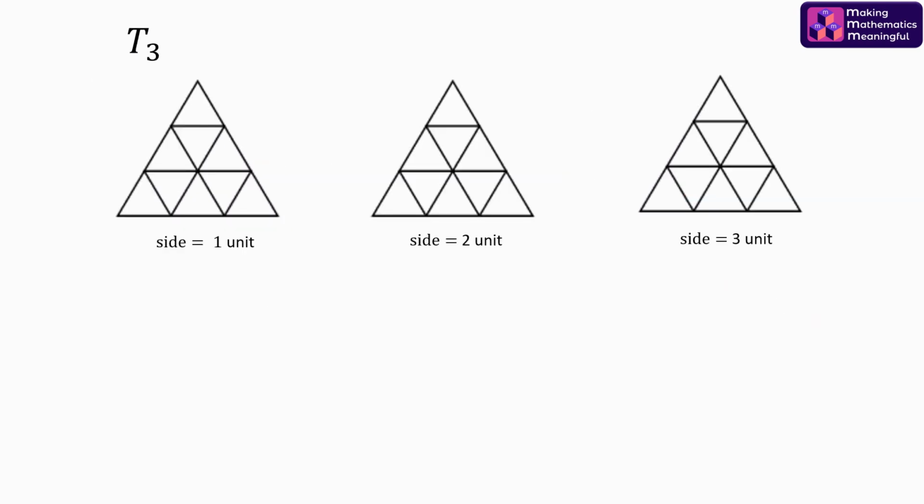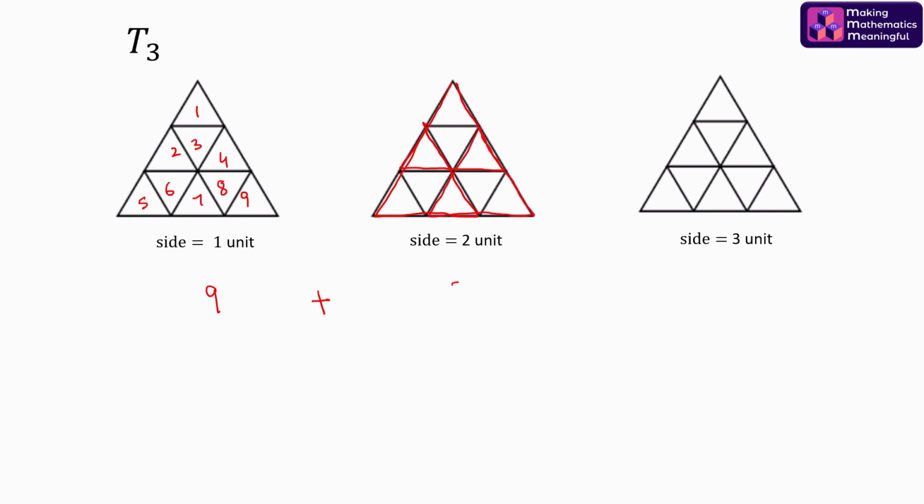In the arrangement T3, side 1 unit: 1, 2, 3, 4, 5, 6, 7, 8 and 9. So, clearly we have 9 such triangles. Side 2 units, we can easily count: this is 1, then 2 and then this is the third one.